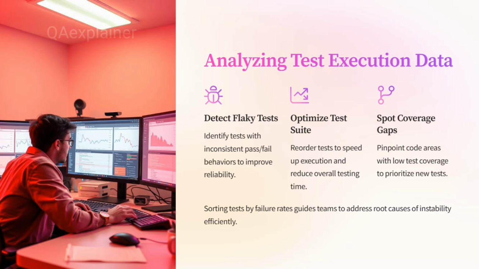That helps proper coverage for every kind of possible scenario. Sorting the test execution like this helps reduce failure rates, guides the team, and lets us address the root causes of instability and improve software reliability effectively.